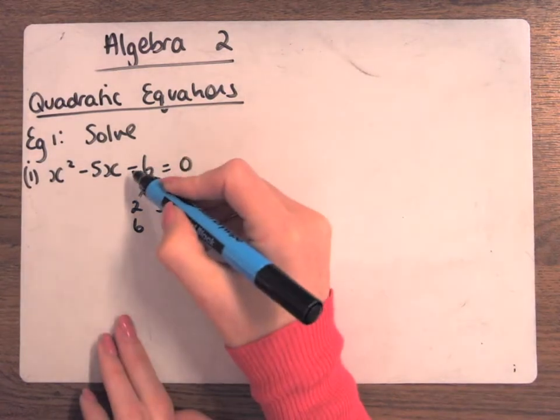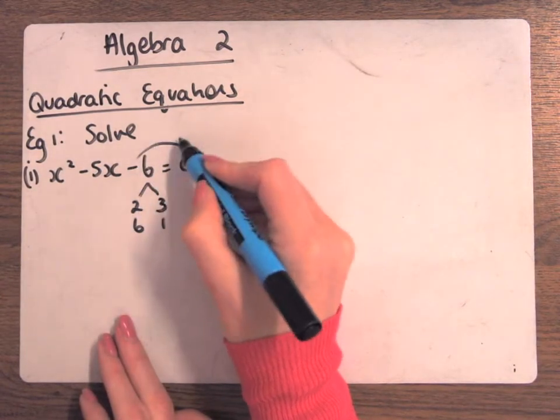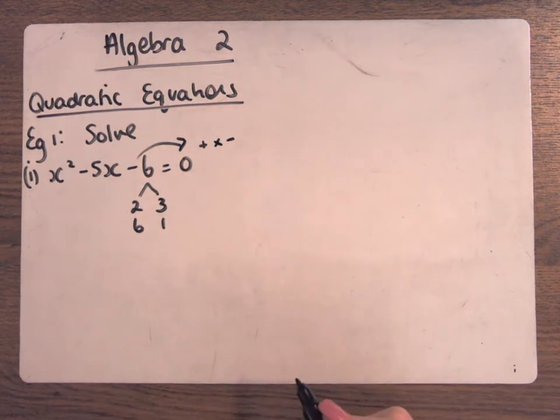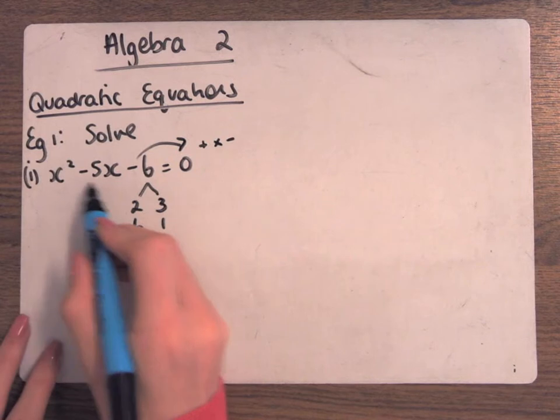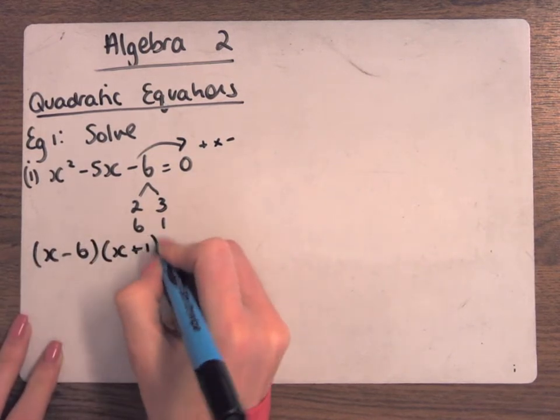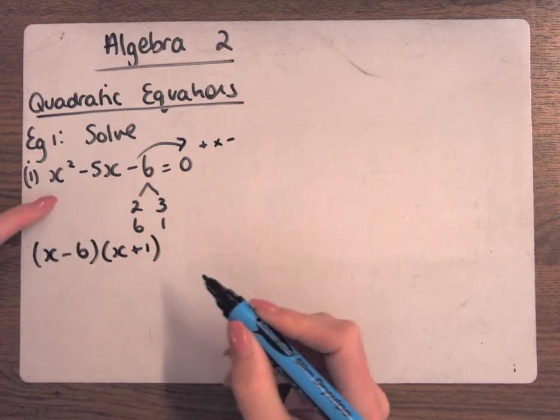What are the factors of a minus? Plus by a minus. Okay, so what's it going to be? Minus 6 plus 1 gives me the minus 5. Lovely. I don't need to do all the bit in the middle because it's just an x squared.